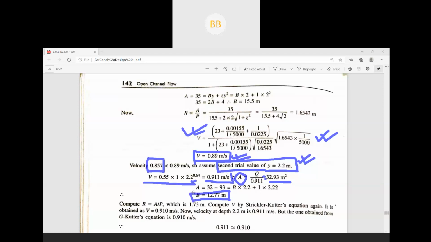Once you calculate the width, using the equation of the wetted perimeter, you find out the wetted perimeter, and after that you find out the R value, A by P. Once you have calculated the R value, again you use Kutter's equation for velocity, and you find out the velocity.